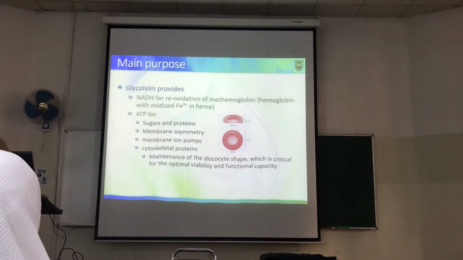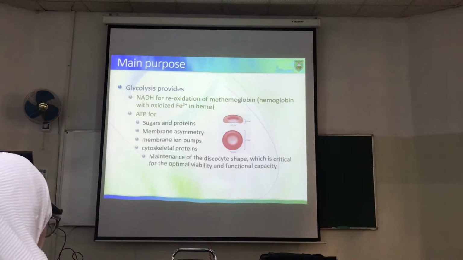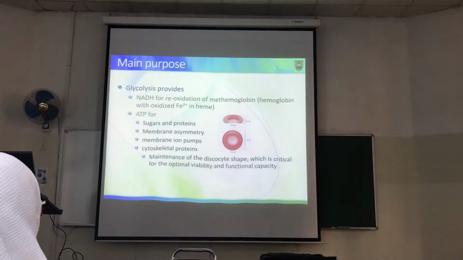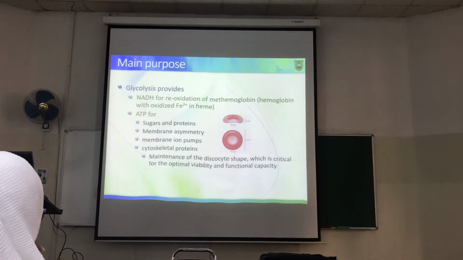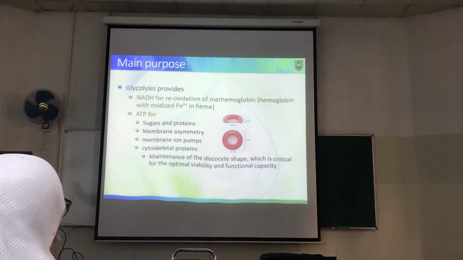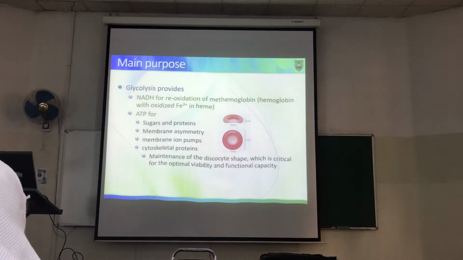Okay, so there's no Krebs cycle, there's no oxidative phosphorylation, electron transport chain, etc. So glycolysis is important, not only because it's a source of ATP, but it's also a source of NADH as well. And NADH is important for converting methemoglobin, which is the globin that has iron, or heme having iron in the ferric state, that is inactive, cannot bind to oxygen.